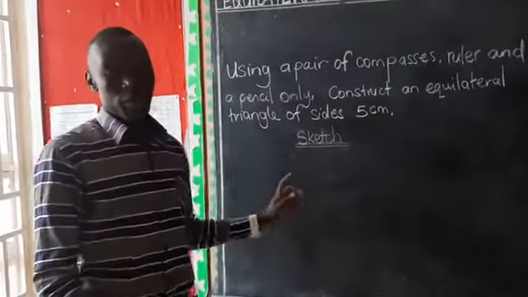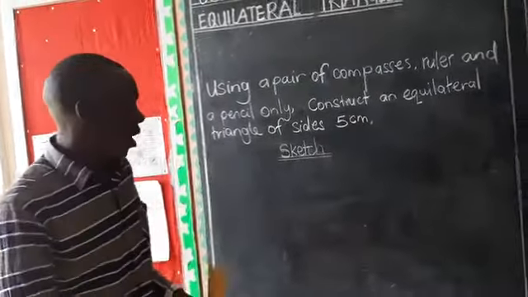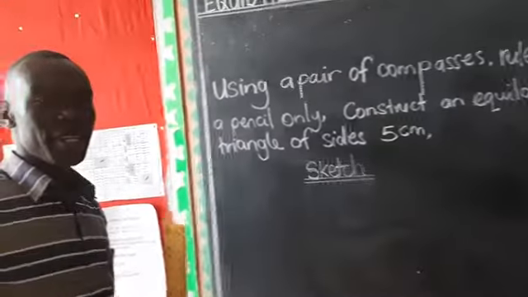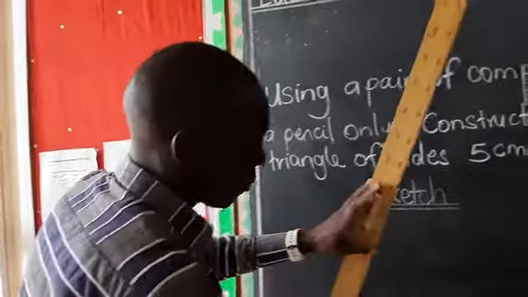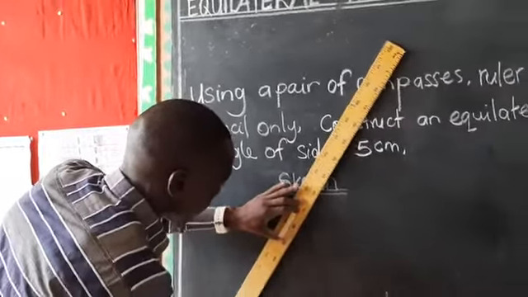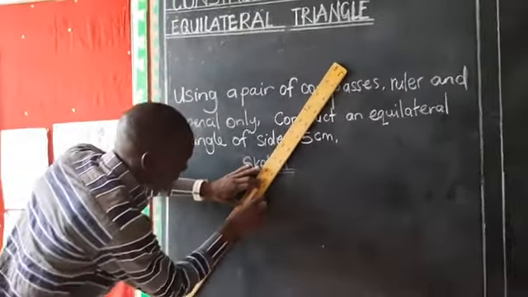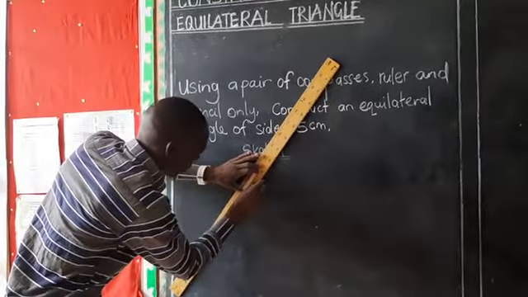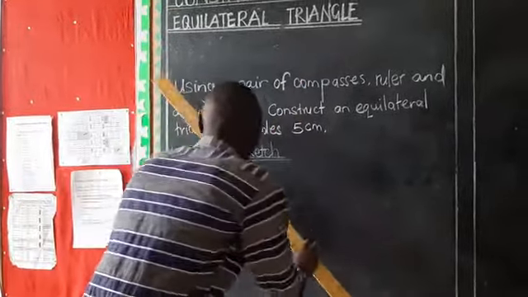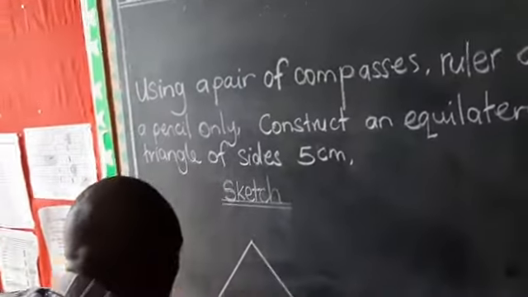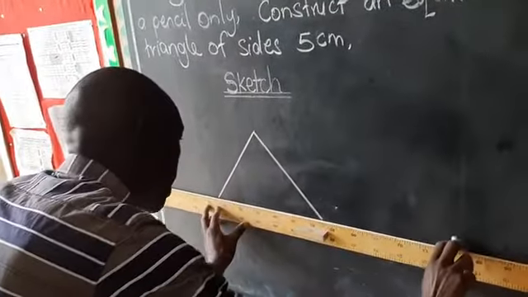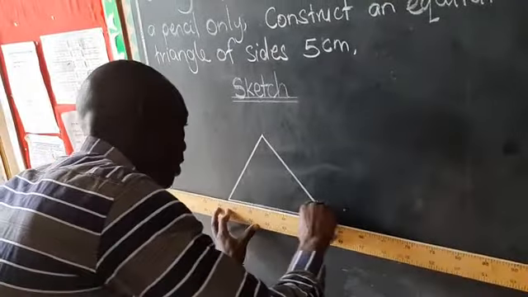To come out with a very accurate drawing, you need to have a sketch of how that triangle is going to appear. So the sketch is going to appear like this. This is how our triangle is going to appear. This side, we have also this side, and we have the third side.